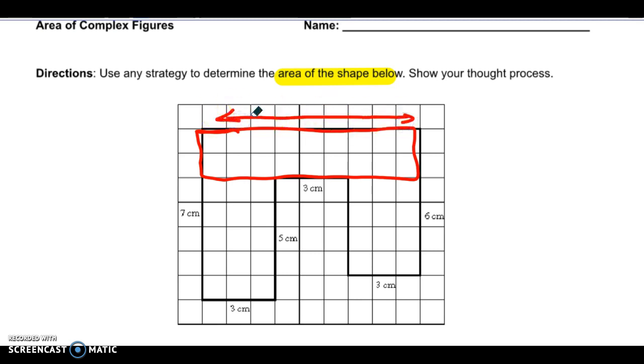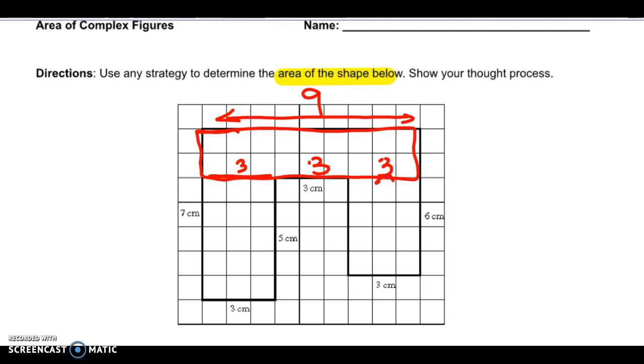But this is where just manipulating and using information around you might be able to help. And I see that there's a 3 all the way at the bottom that would represent this piece. There's another 3 here, and yet another 3 that I could bring up here. So I know that that distance all the way across is 9. Notice how I just had to kind of move some numbers around to get that.